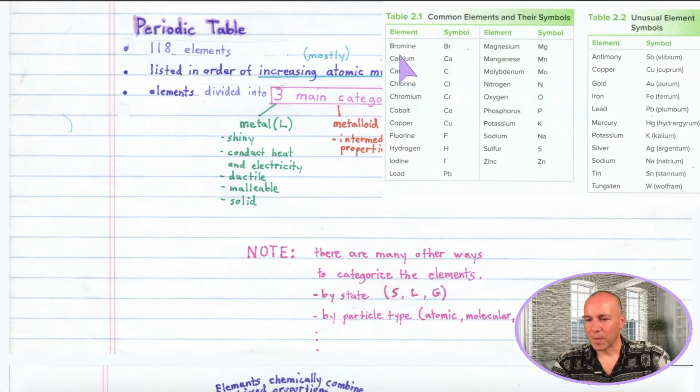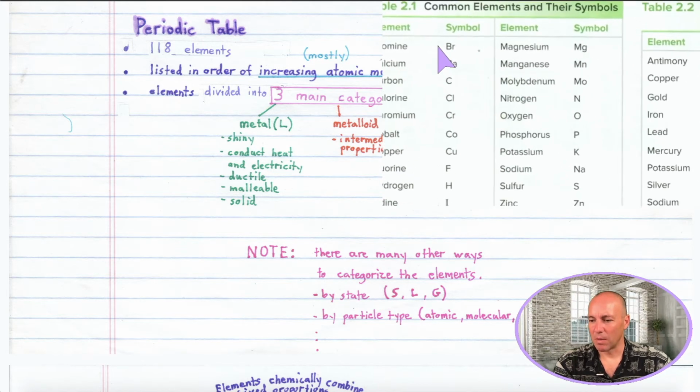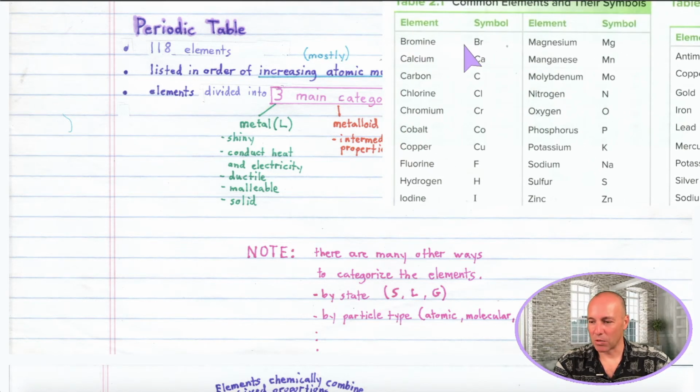Here you see each element has its own symbol. This is table 2.1 and 2.2 in your text, and you see bromine is represented by the letters Br, and cobalt by the letters Co, capital and then lowercase. And some elements only have one letter, like fluorine and carbon.